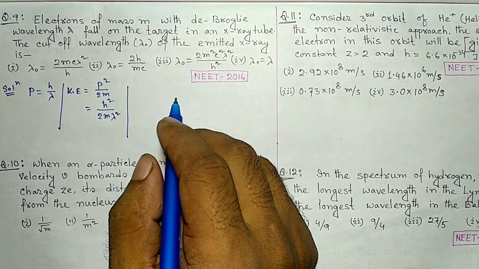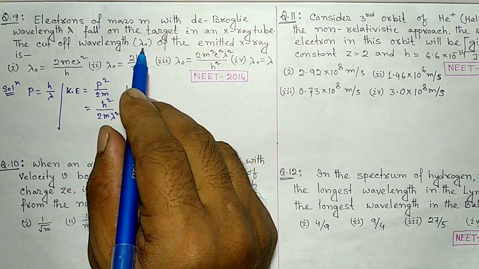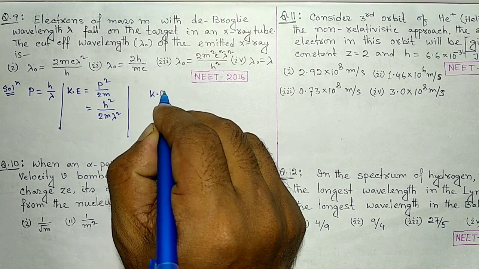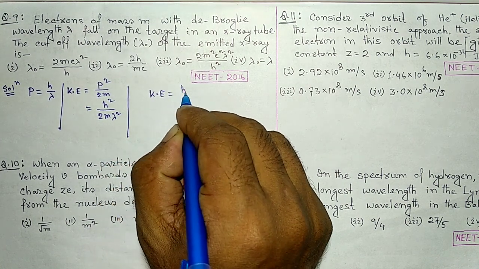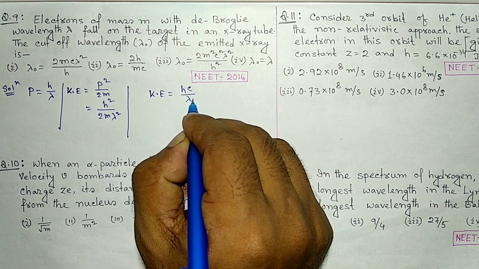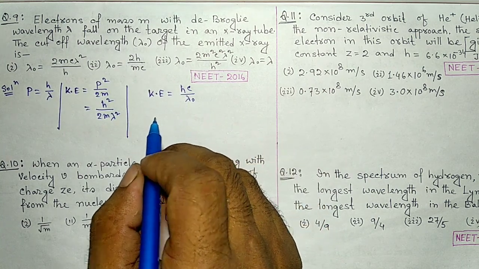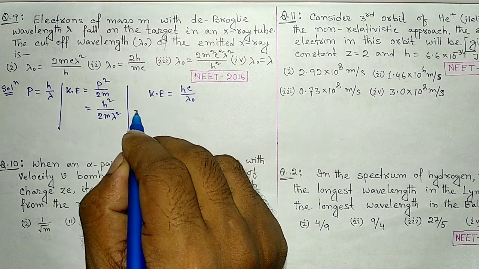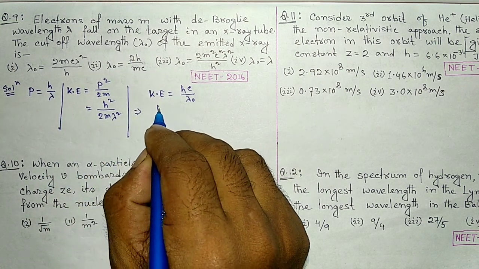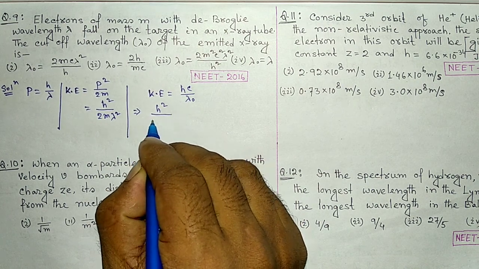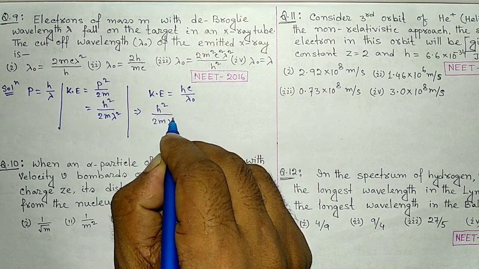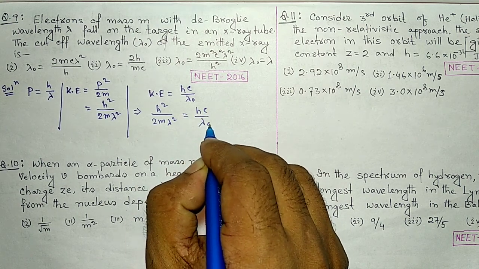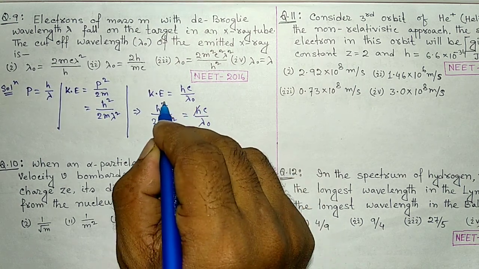Now again, for cutoff wavelength lambda naught, we know kinetic energy is equals to hc by lambda naught. Already we found out kinetic energy is equal to this. Now putting the value of the kinetic energy here, h square divided by 2m lambda square is equal to hc by lambda naught. h cancels.